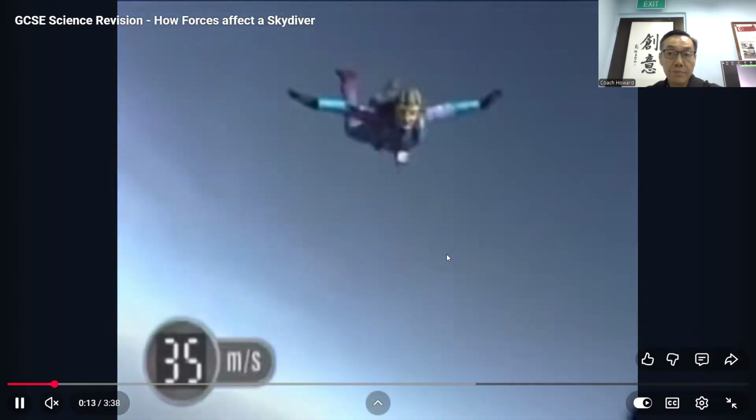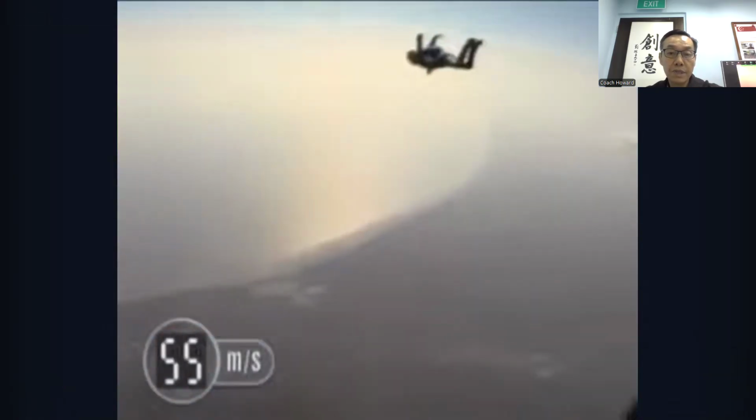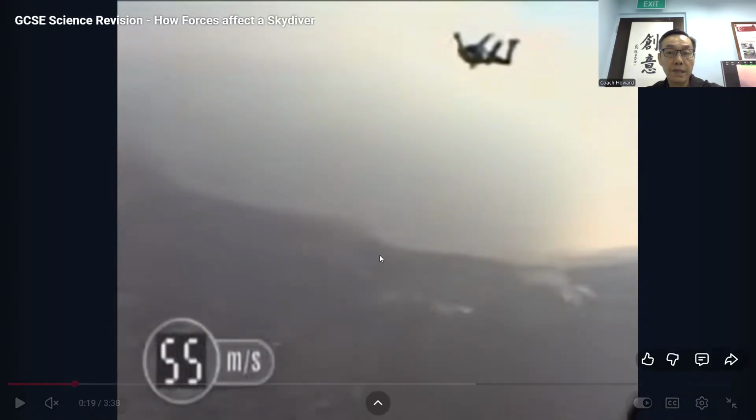You can see the speed increases and it will reach a terminal velocity, which is the maximum speed the parachutist is falling. So this parachutist is falling at 55 meters per second. If you convert to kilometers per hour, it's about 198 kilometers per hour at this speed. It's still falling. So notice later what happens when the parachute is deployed.